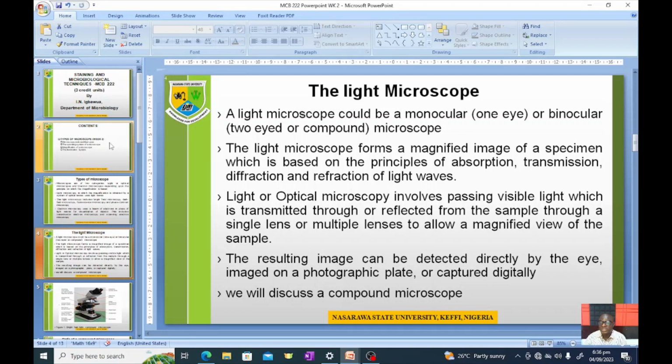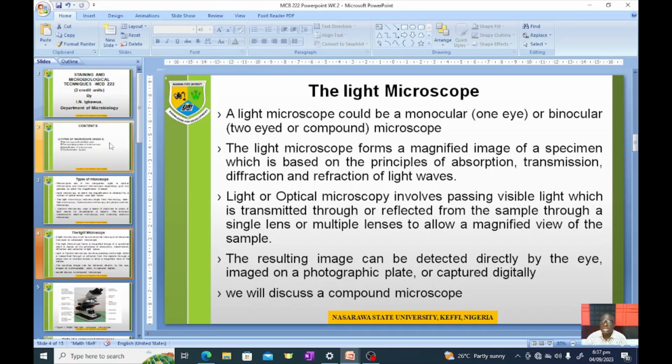In other words, the light which is hitting the object will be absorbed, transmitted, could be diffracted or refracted, which eventually reaches the eye from where the enlarged image is viewed.